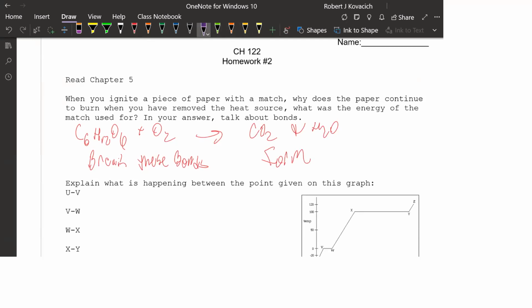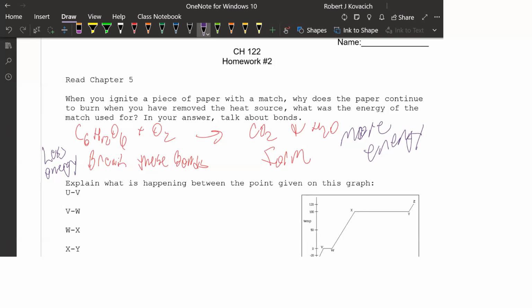And this is more energy, less energy. So it takes a limited amount of energy to break the initial bonds, and I get a whole bunch of excess energy back when I form the new carbon dioxide water bonds.